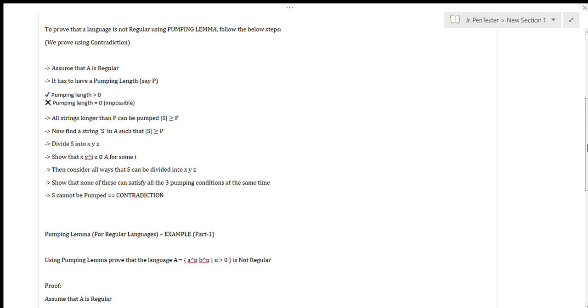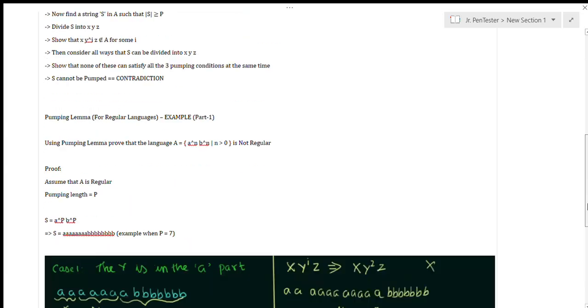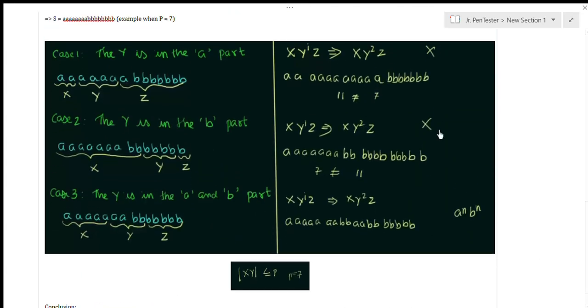So now let's look at the third condition, which is that the length of x and y combined should be less than or equal to our pumping length, which was 7. If we see in case 1, the length of x and y combined is 1, 2, 3, 4, 5, 6. 6 is less than or equal to our pumping length 7. So case 1 satisfies this condition.